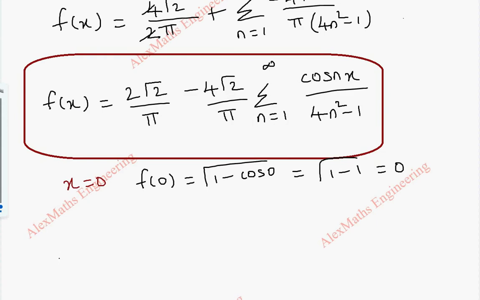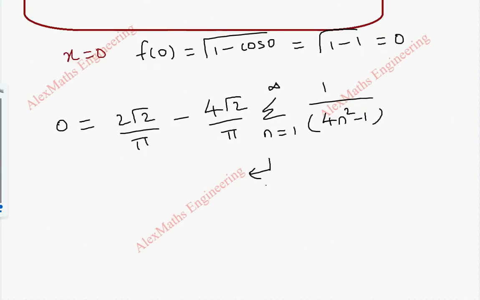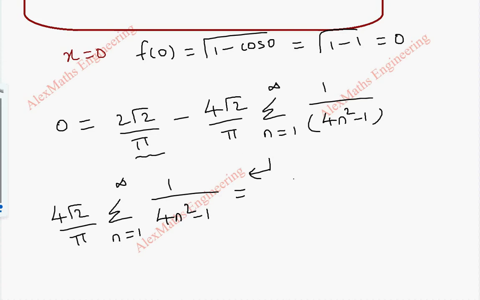So here 0 equals 2 root 2 by pi minus 4 root 2 by pi summation n equal to 1 to infinity, cos 0 is 1 and we have 4n square minus 1. And this negative term we are going to take to the other side. So 4 root 2 by pi summation n equal to 1 to infinity 1 by 4n square minus 1 equals the remaining 2 root 2 by pi.